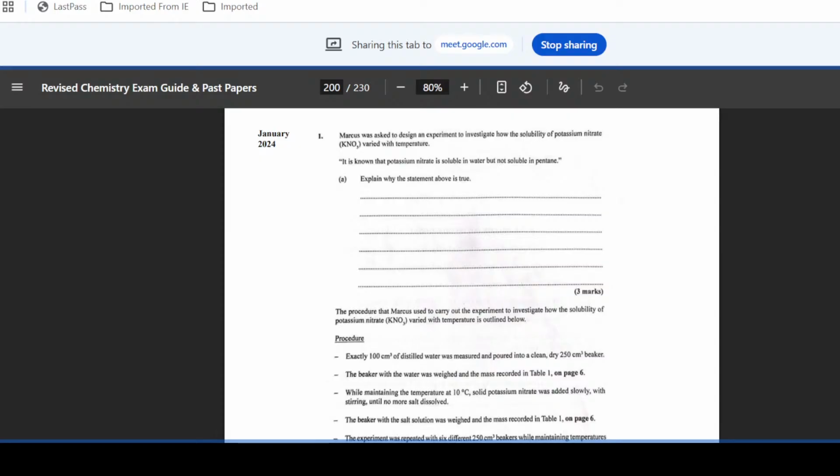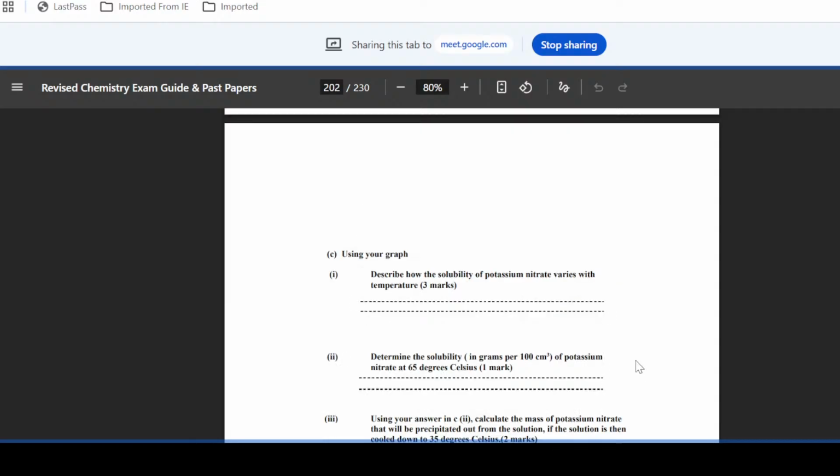Alright. So the next aspect is the graph. You would have to look at these things, and I trust that you are able to read these things.